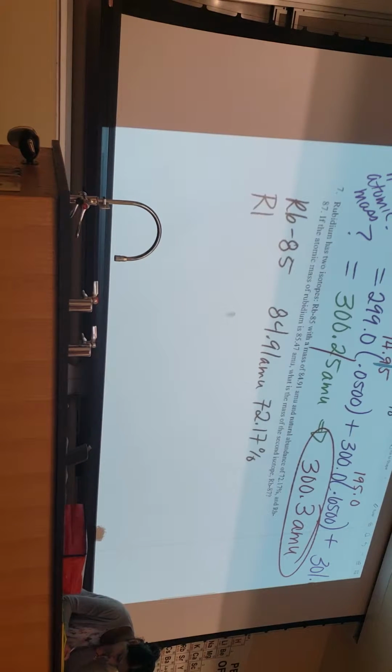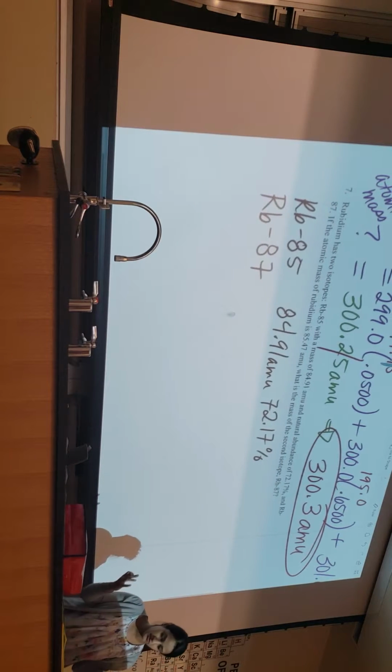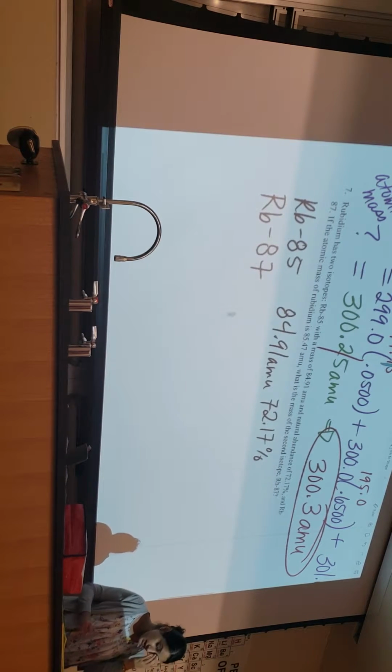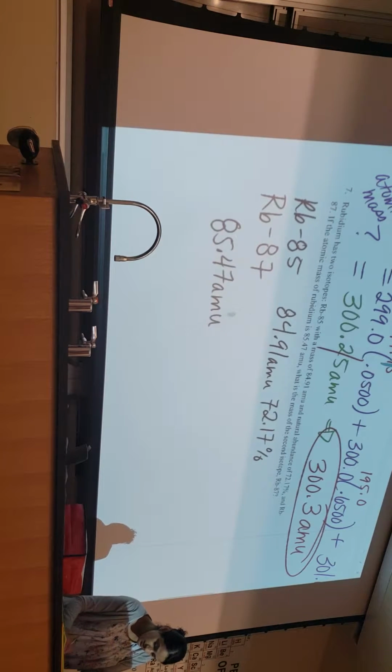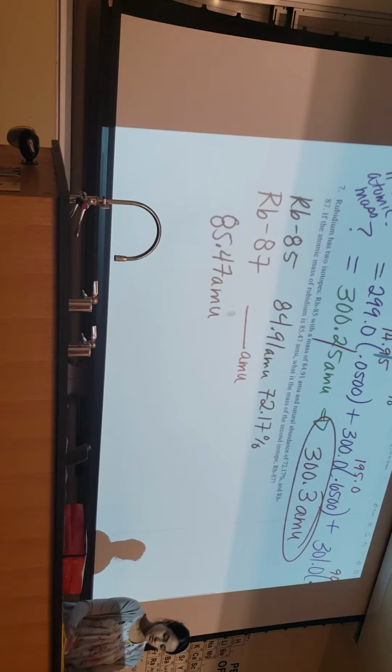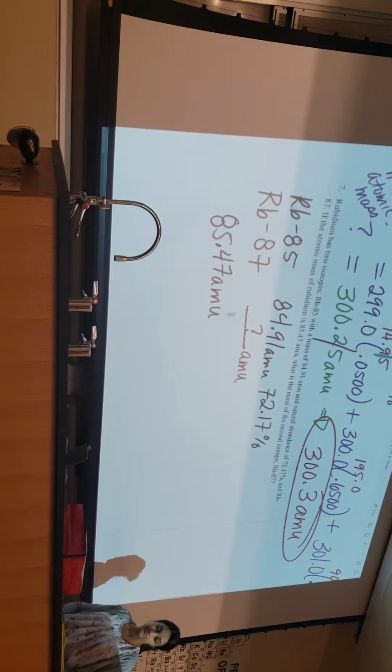And then I tell you you have rubidium 87. I don't give you anything about it. And then it says the atomic mass of rubidium is 85.47. You have to figure out the mass of the second isotope. So this is what you're figuring out.